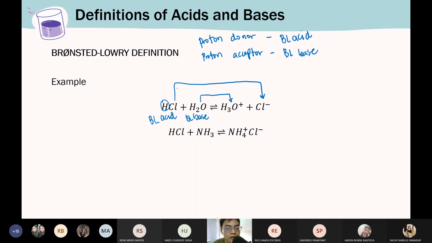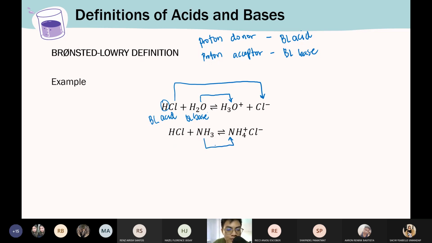Okay, let's take a look at ammonia. Okay, ito may typo ako dito. So anyway, let's take a look at ammonia. Okay, so bakit siya basic? Kasi basically, ganito pala nangyayari sa kanya. When it is reacted with some chemicals, okay, what happens is that it gets the proton of the other molecule.